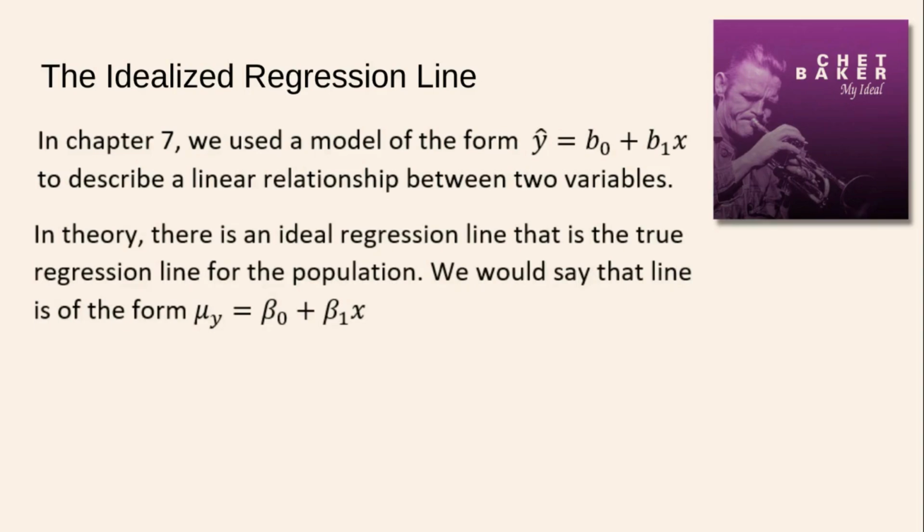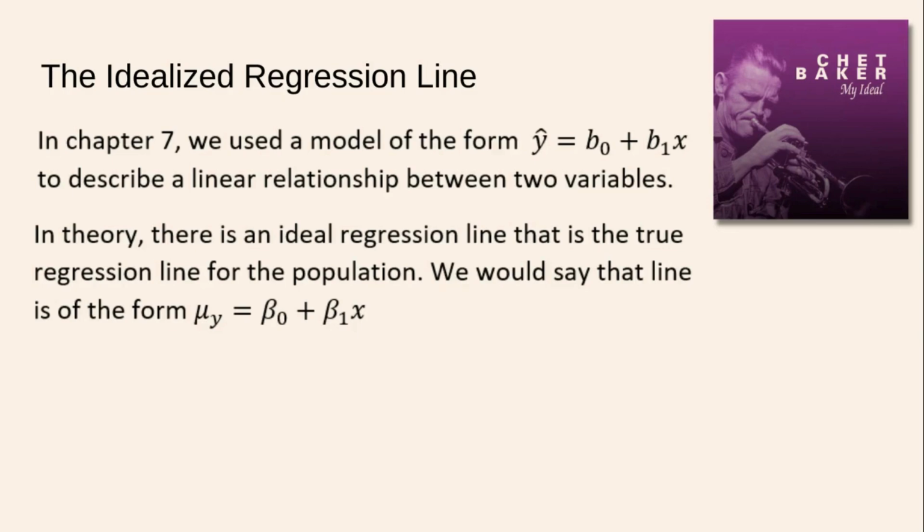In theory, there is an ideal regression line that is the true regression line for the entire population, right? So that regression line in Chapter 7 with b sub 0 and b sub 1, that's for sample data. Now we're going to talk about a regression line for the entire population.